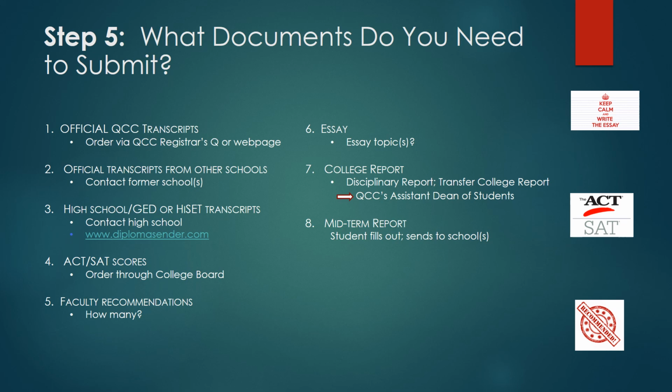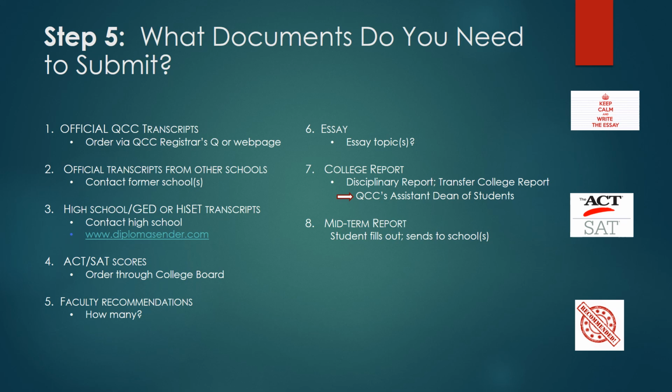4. ACT or SAT scores. Order these through the College Board. 5. Faculty recommendations. How many will you need? 1 or 2 or even 3? This information can be found on the application. 6. Essay. The essay topics will be on the application as well, so find out if you need 1 or 2 essays and what the topics are. 7.